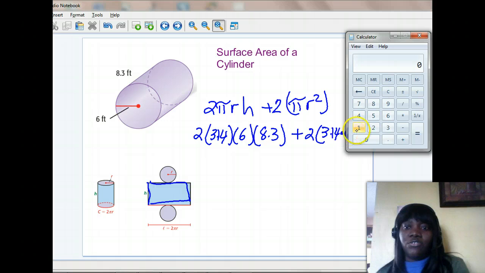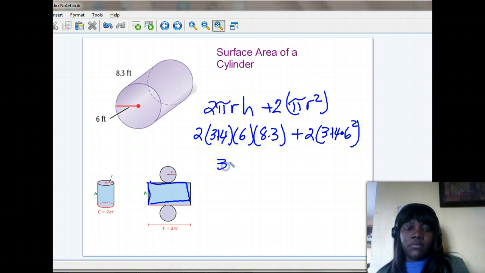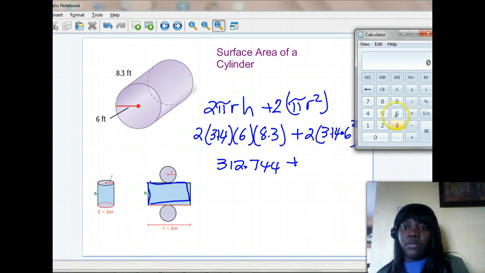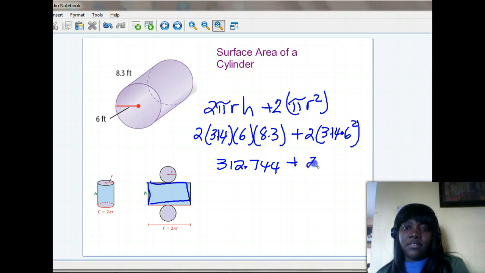So 2 times 6 is 12 times 3.14 times 8.3. And we get 312.744. Plus, now let's do this one. So here we have 6 squared, which is 36, times 3.14 times 2, and we have 226.08.